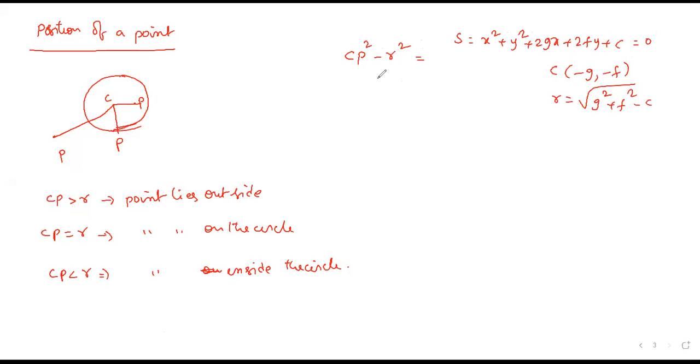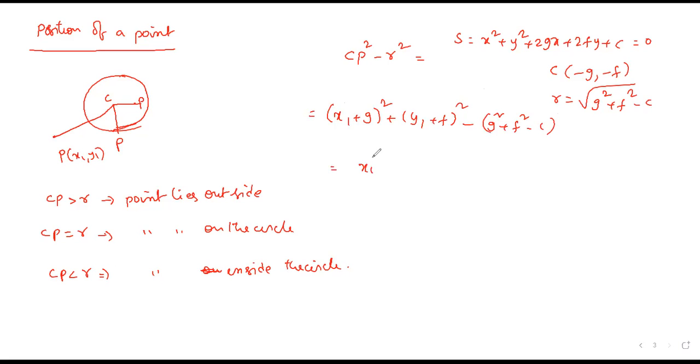Now we find CP square minus R square corresponding to the point P(x1, y1). So in CP square the root square will cancel: x1 plus g whole square plus y1 plus f whole square is the distance from the center to the given point, and the radius whole square, where the root square cancels, is g square plus f square minus c. This is CP square minus R square.